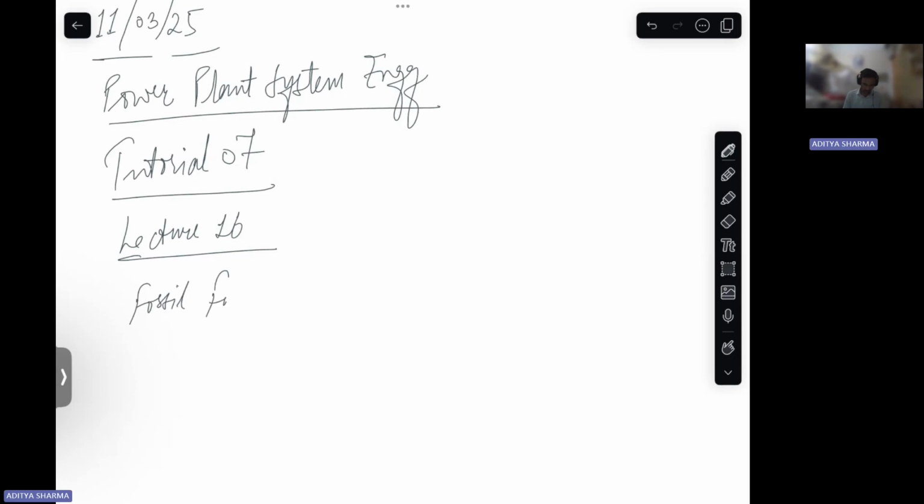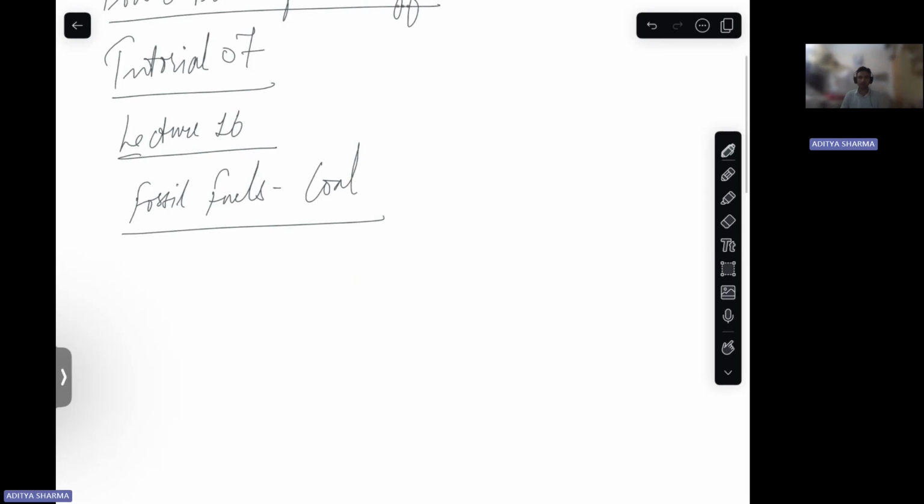fossil fuels. Coal is one type of fossil fuel, right? There is grading of coal, which is done based on the carbon content and moisture content and other content in your coal.